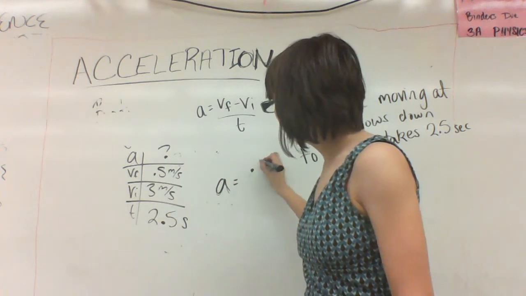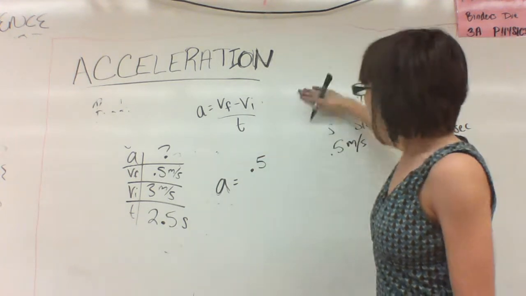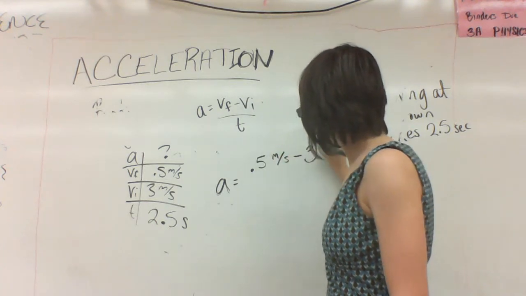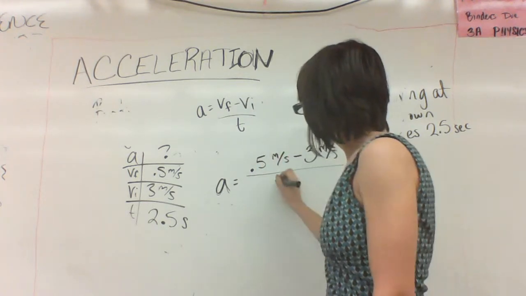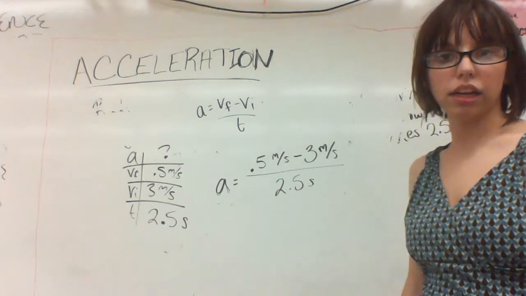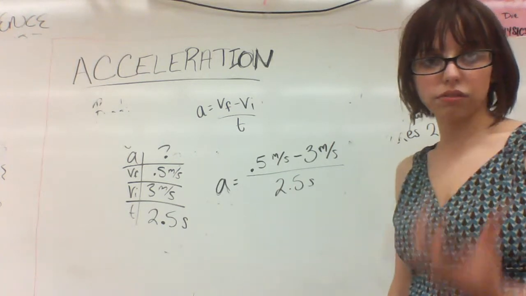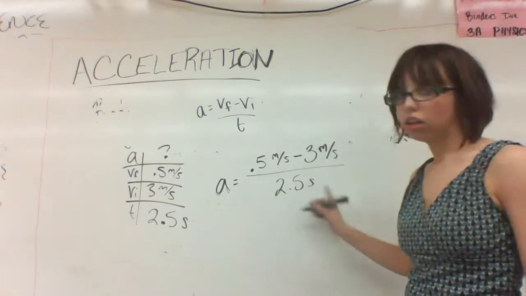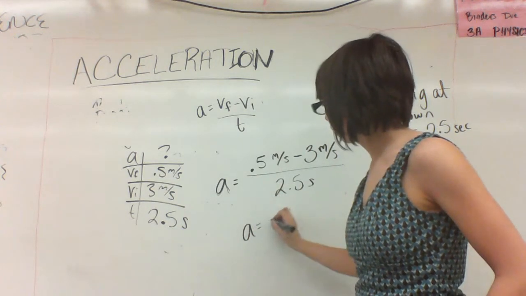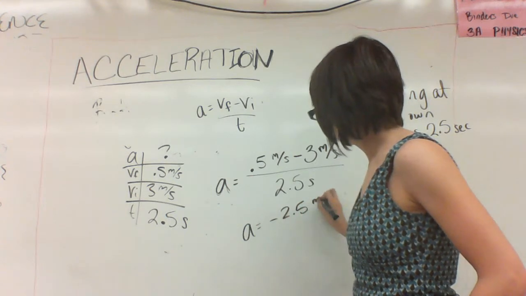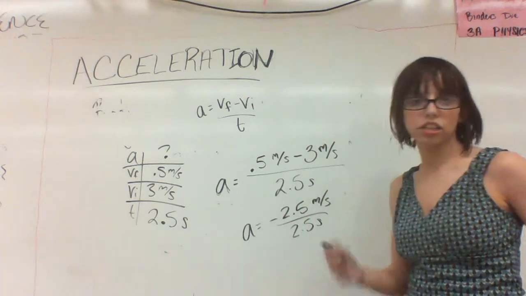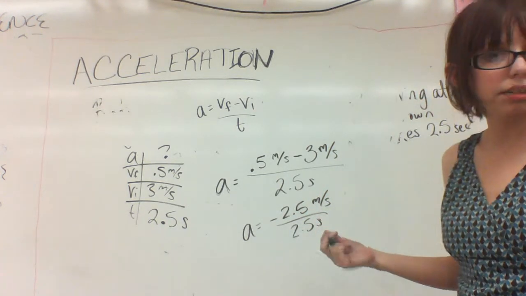So here's an example where my VF is smaller than my VI, which is okay. And that actually worked out very nicely. Alright, so 0.5, go ahead and solve that on your own. Go ahead and pause the video if you need to.